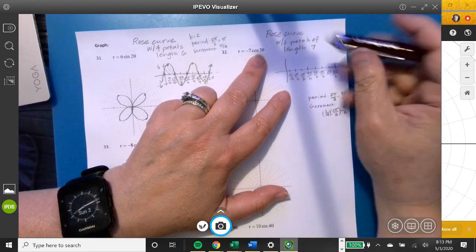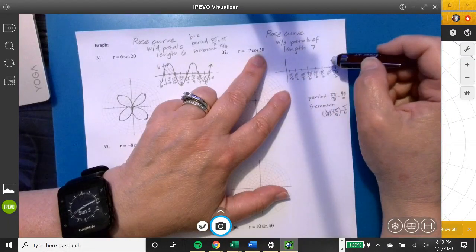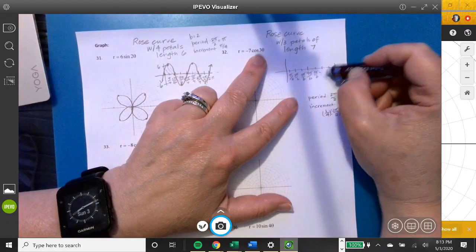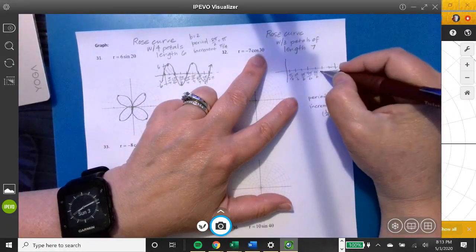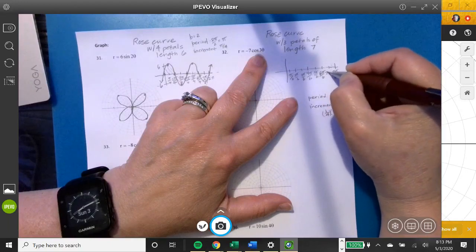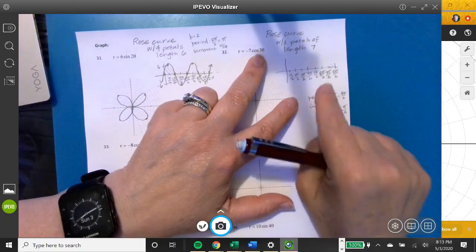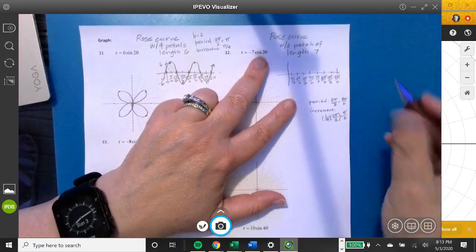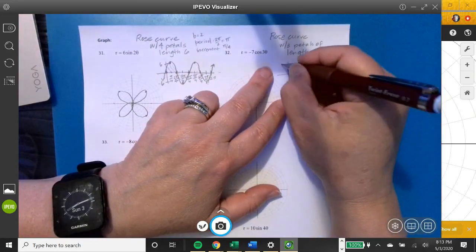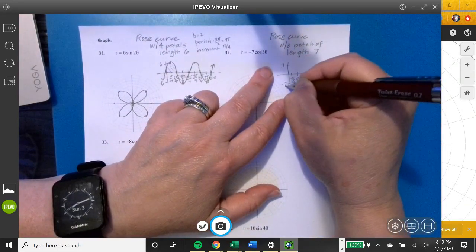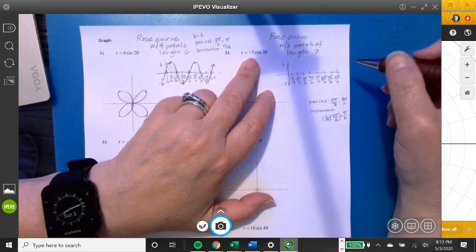I'm sorry, try again. 1, 2, 3, 4, 5, 6 pi over 6. I can't forget the pi, right? 6 pi over 6, 7 pi over 6. I always have trouble with the problems that are in the upper right-hand part of every page. It's so weird. But anyway, we'll get through it. So this is negative 7. Okay, so amplitude's negative.